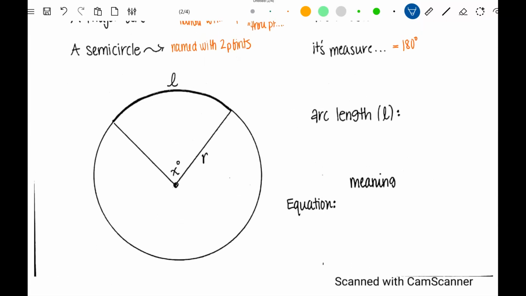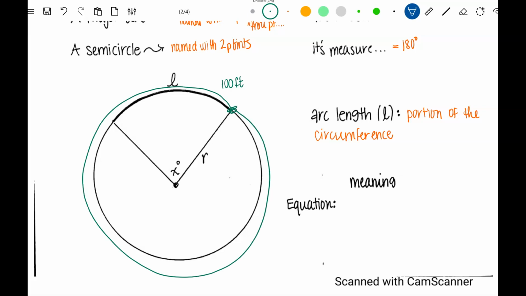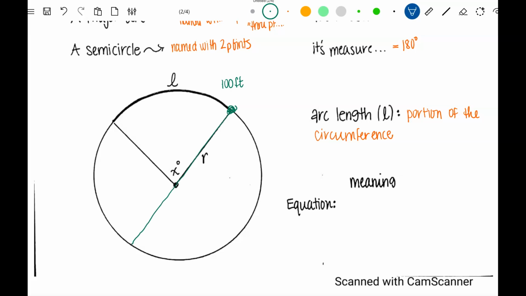For example, if all the way around this circle was 100 feet, from this point all the way around back to that point was 100 feet, and I was to go from this point to this point, I would go halfway around that circle. I would go 50 feet.